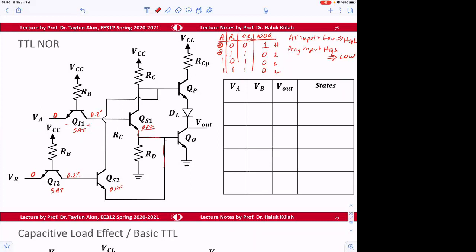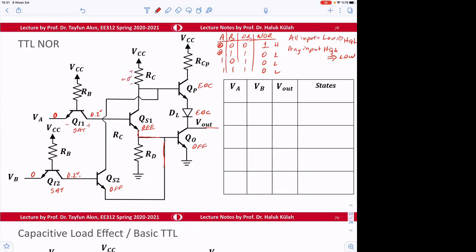No current is coming. So what about the state of QO? Off. This is also off. Then this one is at the edge of conduction. So the voltage is going to be how much? There will be about 0 volt here.